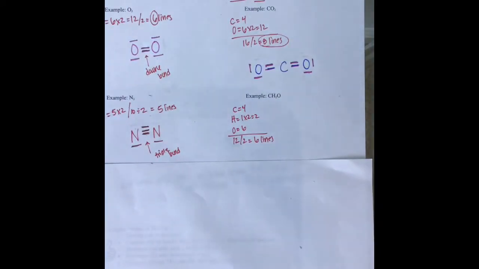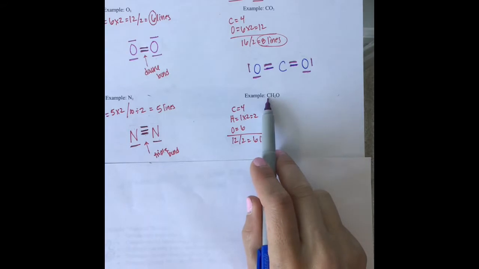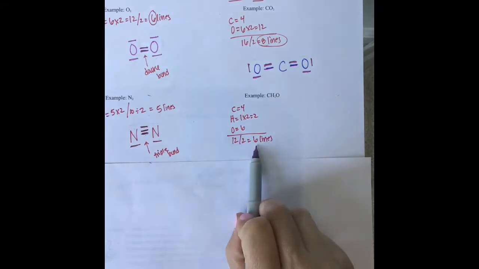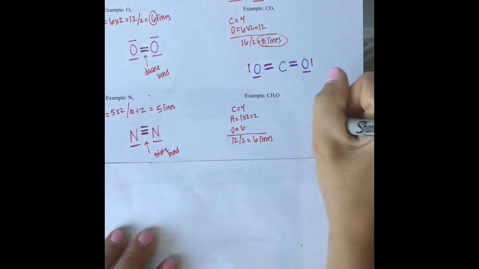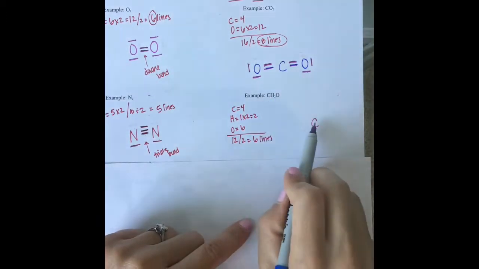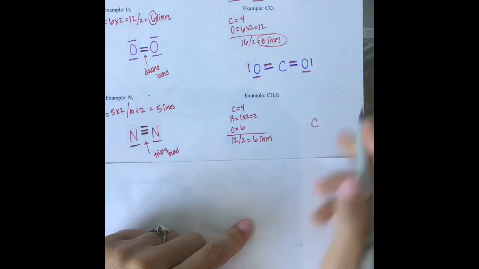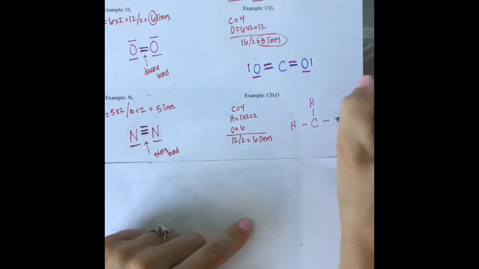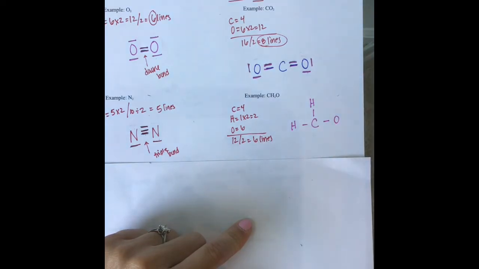And then lastly, we have CH2O, and I figured out 6 lines or 6 pairs. I'll want to put the carbon in the center. Remember, carbon is a good central atom when you have just one of them, and you can connect your hydrogens and your oxygen to the carbon.